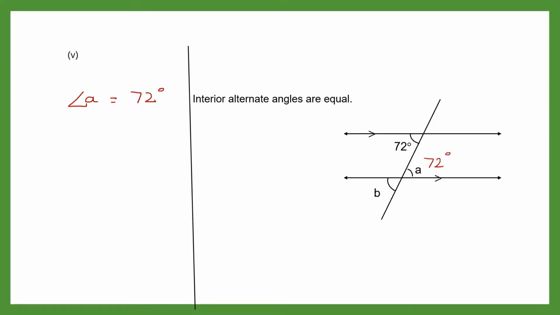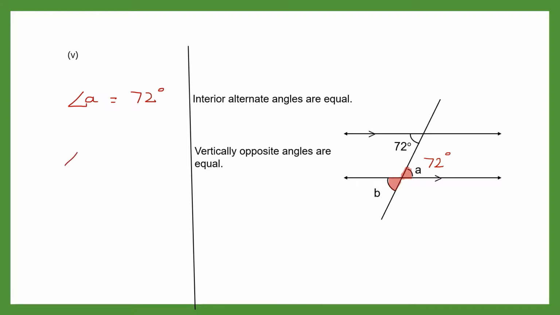Now look at angle B. What is the relation you see between angle A here and angle B here? If you look carefully, you can see that they are vertically opposite angles. And what do we know about vertically opposite angles? We know that vertically opposite angles are equal.